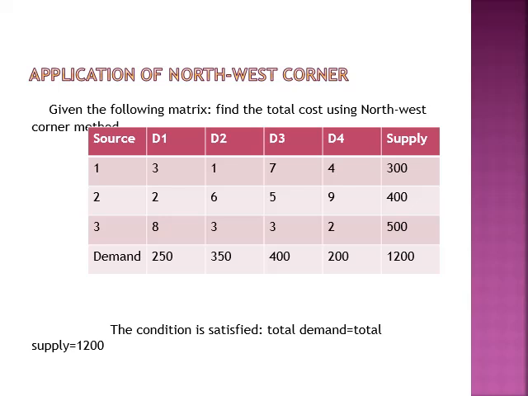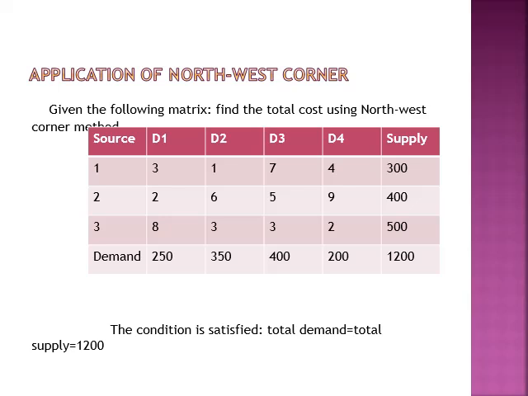In this row, source number 2 has 400 units. D2 needs only 300, because the 50 was supplied by source number 1.